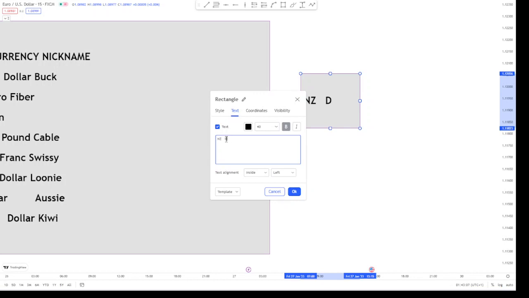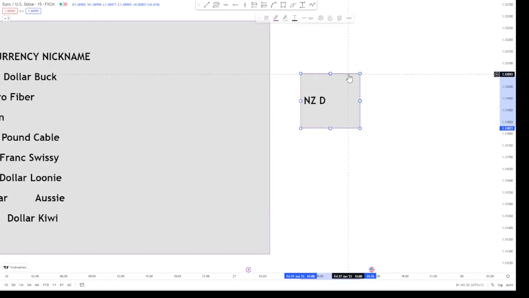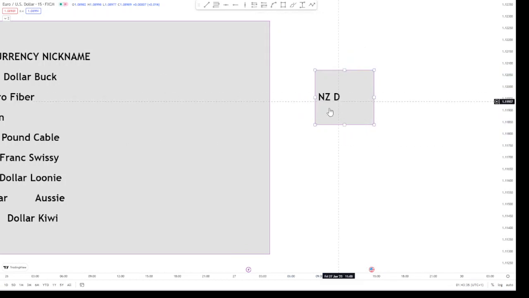This last one here, which is D, stands for the currency spent in the country. So what's the name of the country? NZ, which is New Zealand. And what's the currency spent there? Dollar, which stands for D. So when you see someone talk about NZD, just know they're talking about the New Zealand dollar.